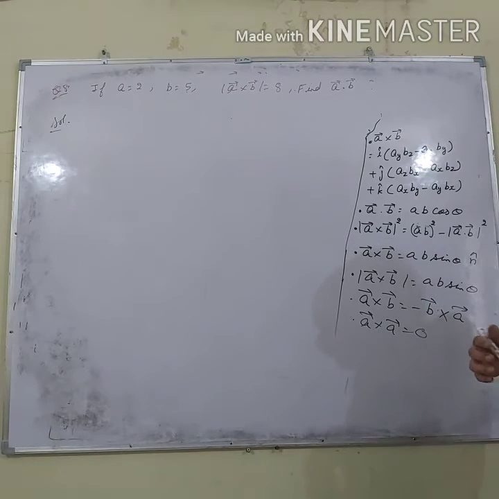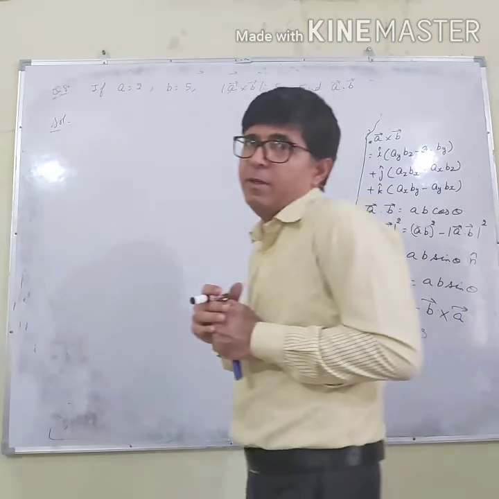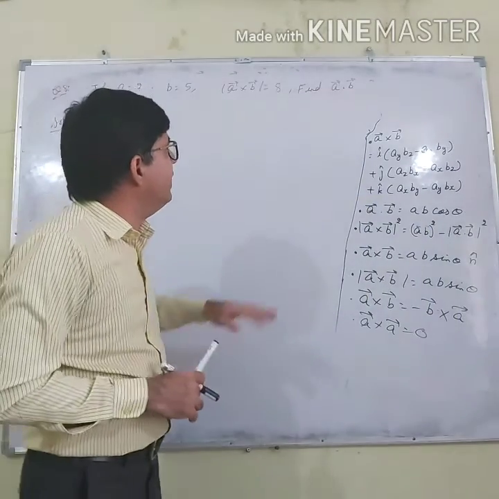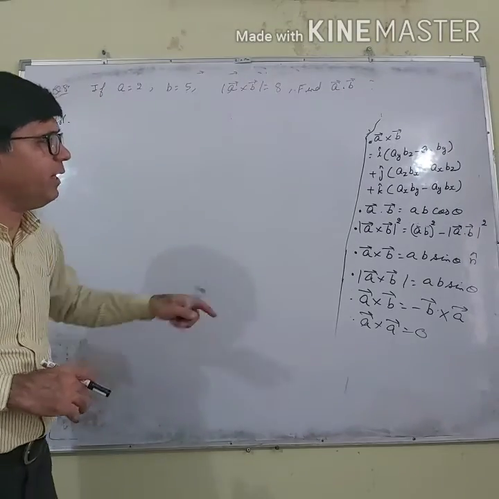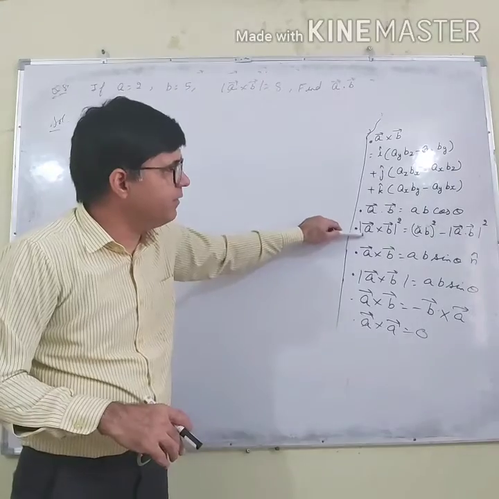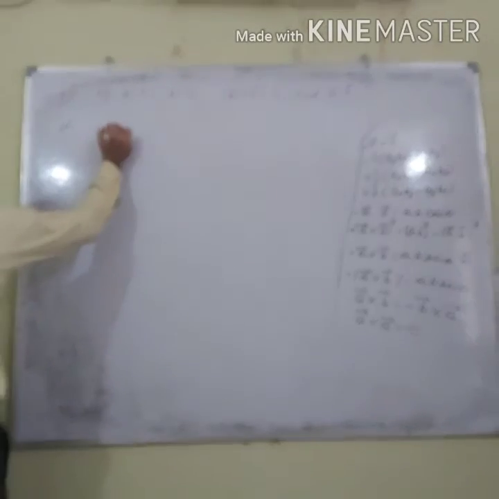There are two methods of solving. Let's solve this. First I will solve by the easier method. What is the relation between dot product and cross product that we have just discussed today? This is the relation: magnitude of A cross B squared is equal to A squared B squared minus (A dot B) squared.